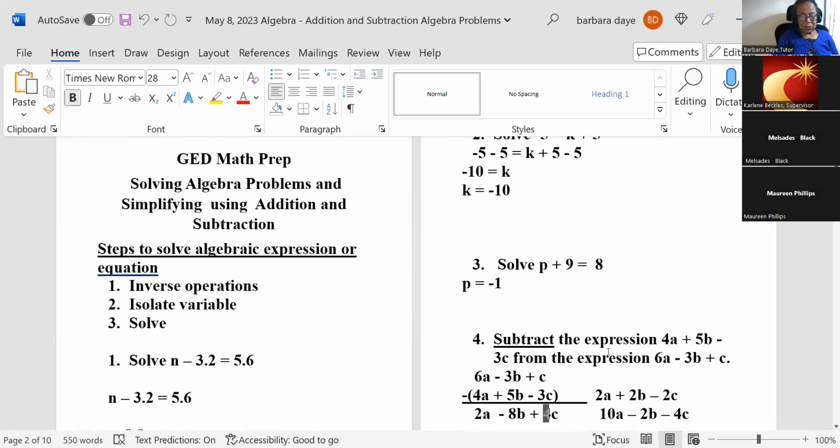Questions? Now, if you took this answer and added it to this one, you should get this answer. And 4A and a 2A is a 6A. A 5B and a minus 8B gives you a minus 3B, right?